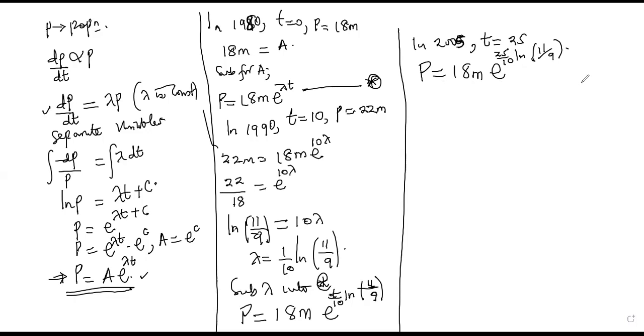The calculator has two e's; use the one that is written very well. Don't put a power, just put e, then put 25/10 ln 11/9. Then the answer you get, multiply by 18, then maintain m.